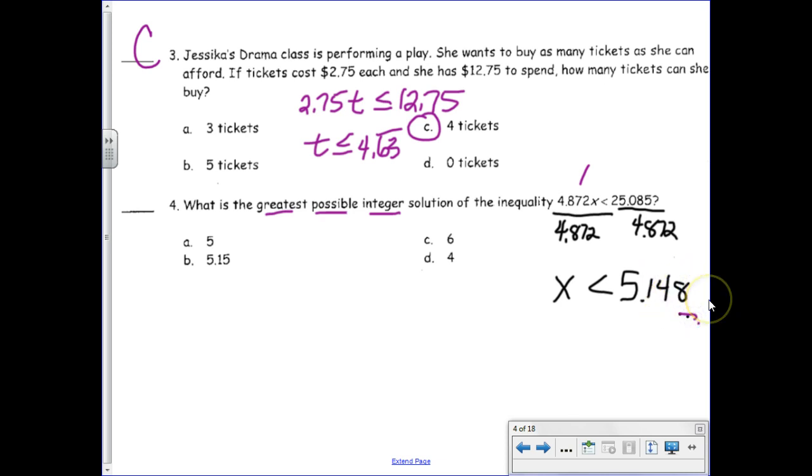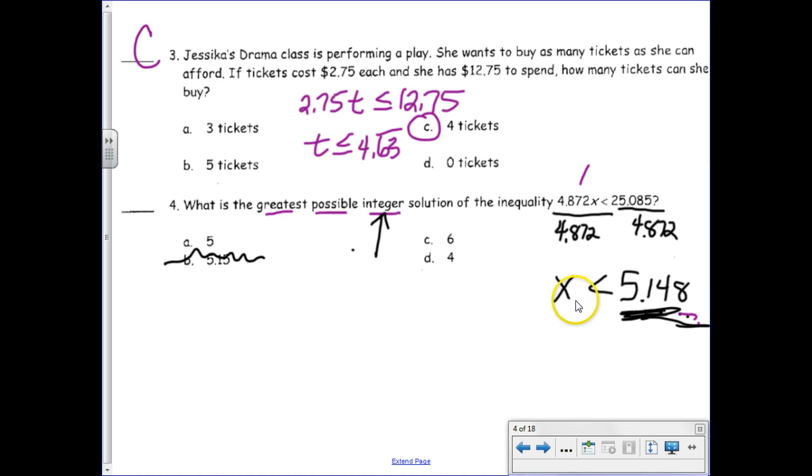Okay? So now we have to think about, what does this mean? I'm asking you, what is the greatest possible integer? Integer means I can't have any decimal part in my answer. So B, even though that looks right, that's not okay. It has to be something smaller than 5.148, and 5.15 you round it up.